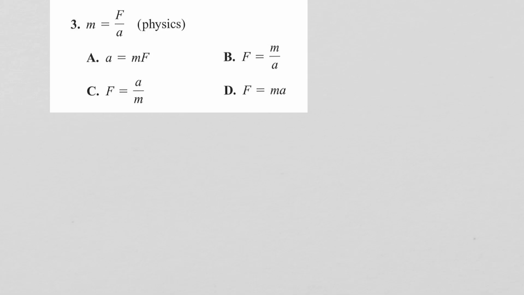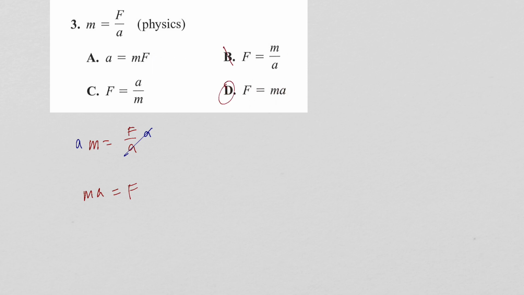Okay, if we start with our M is equal to F over A, and you multiplied by A on each side, that would cancel, and you'd be left with F is equal to MA or AM. Either way, multiplication is commutative. So when we look at this, F is equal to MA, that choice works.